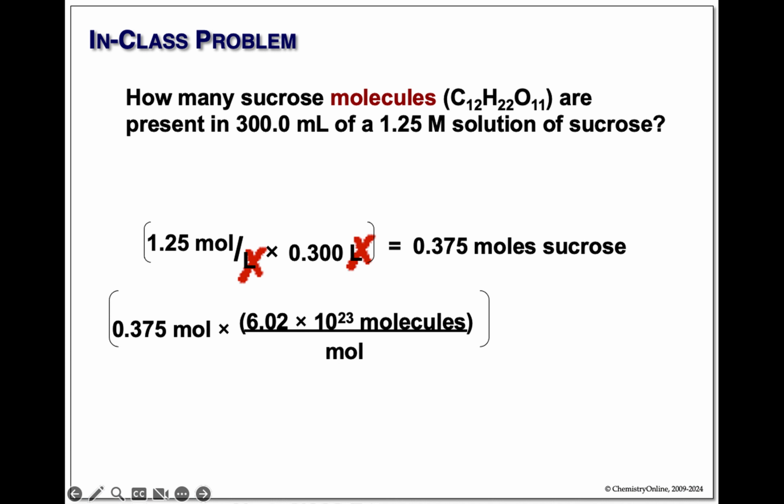Now that we know how many moles we have, and we know how many molecules per mole, we can simply cancel moles, multiply this by 6 times 10 to the 23rd, and we get 2.26 times 10 to the 23rd sucrose molecules.